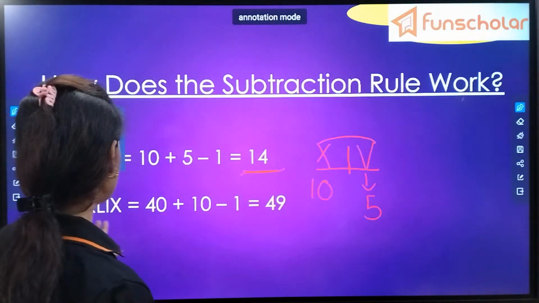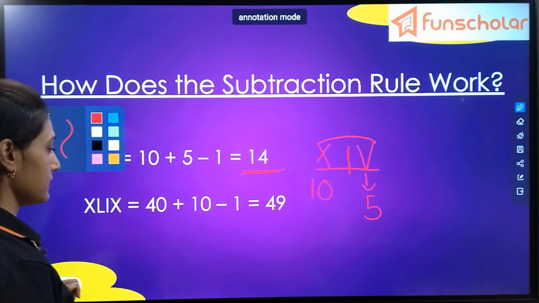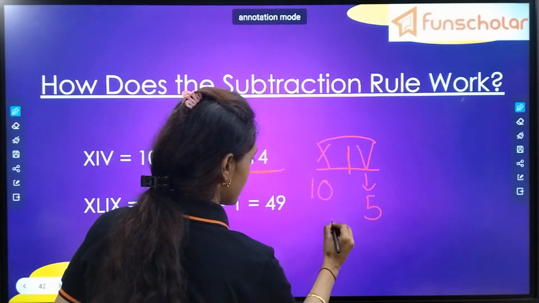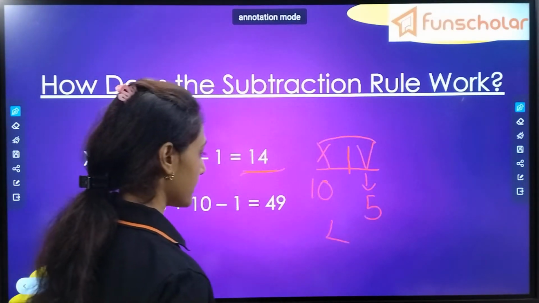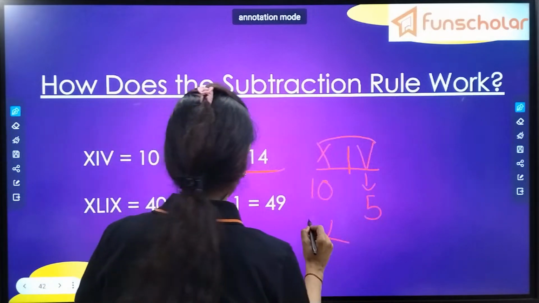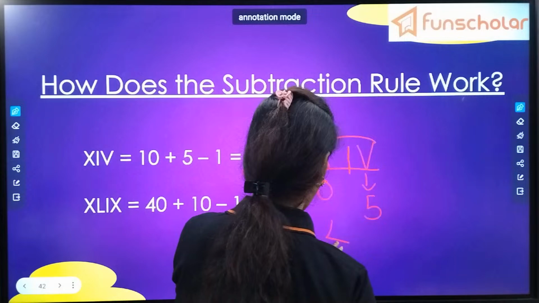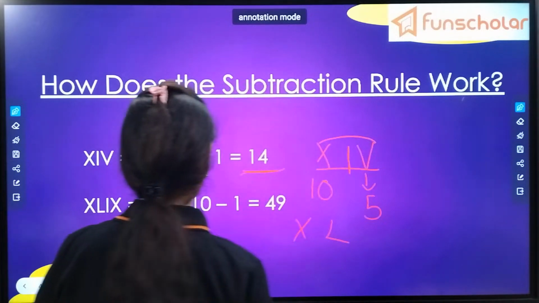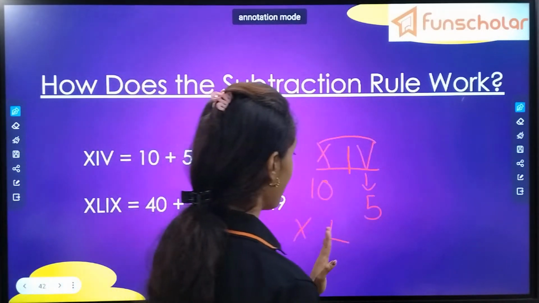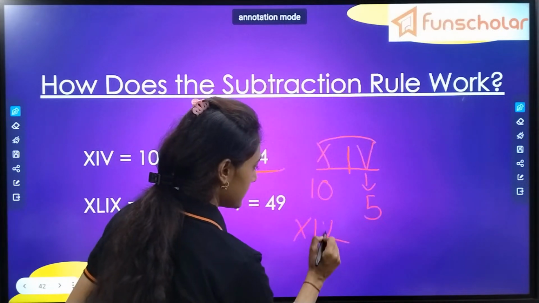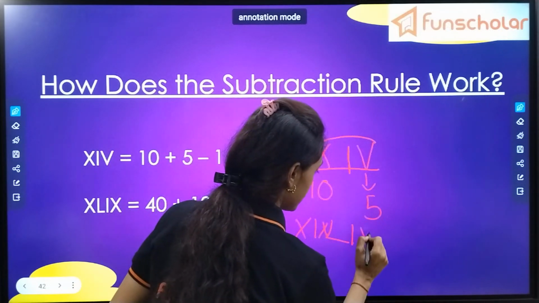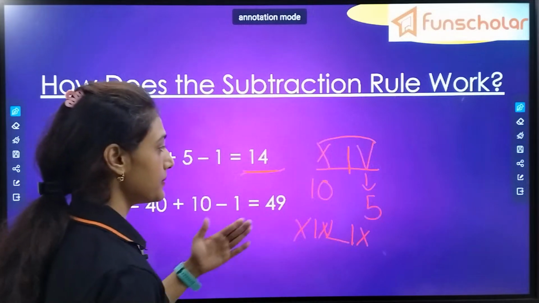Similarly, see 49. First you write 50. To make 40, you have to subtract 10 from it. Now, where will you write 9? Over here or over here? Which one will be correct?